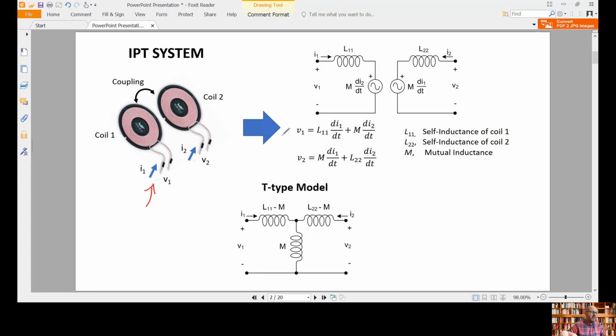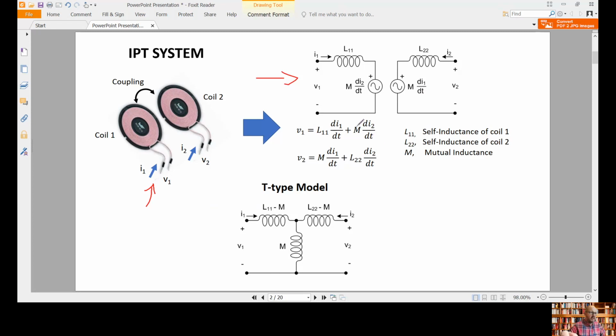We know that these types of systems can be modeled using this equivalent electrical circuit here with these series inductances and these voltage sources depending on the derivative of the currents.